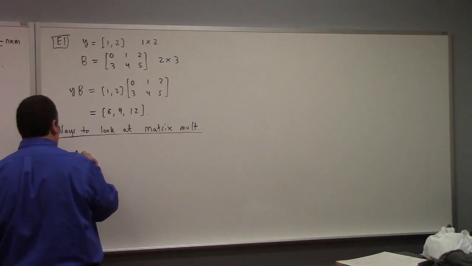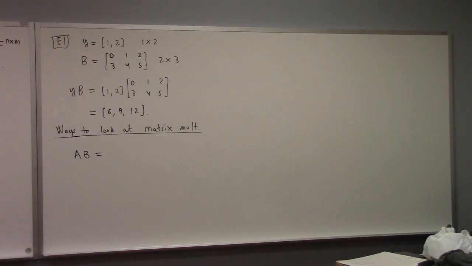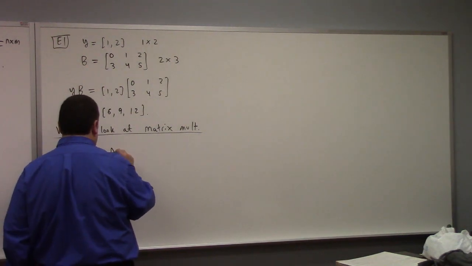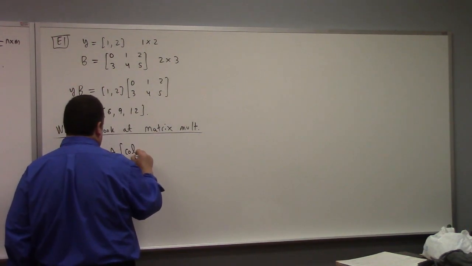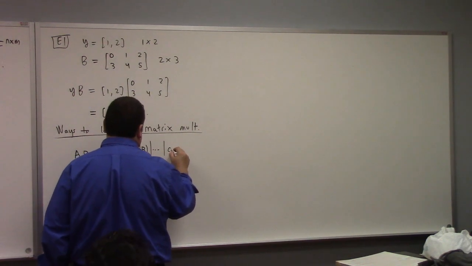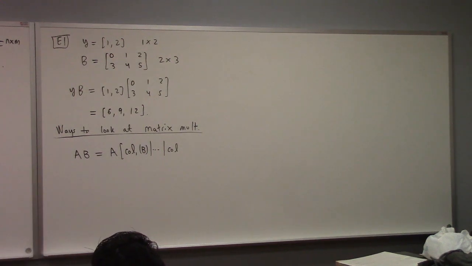I'll try to look at the case where A and B are both genuine matrices, all right? So one way you can look at this is A times a stack of column vectors, like here's column 1 of B. How many columns are there in B? N by P, so P columns, right?